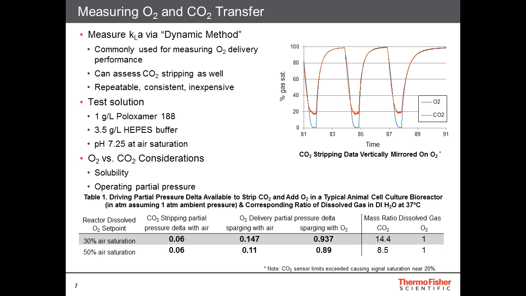As you can see in the graph, you use initially nitrogen to strip off all the oxygen from the system, and then start providing the oxygen, and then it goes from 0 to 100%, and then you bring it back, change the parameters, and then again you do that. So we have looked at both oxygen delivery to the cells as well as carbon dioxide stripping, and all this information and data is available.